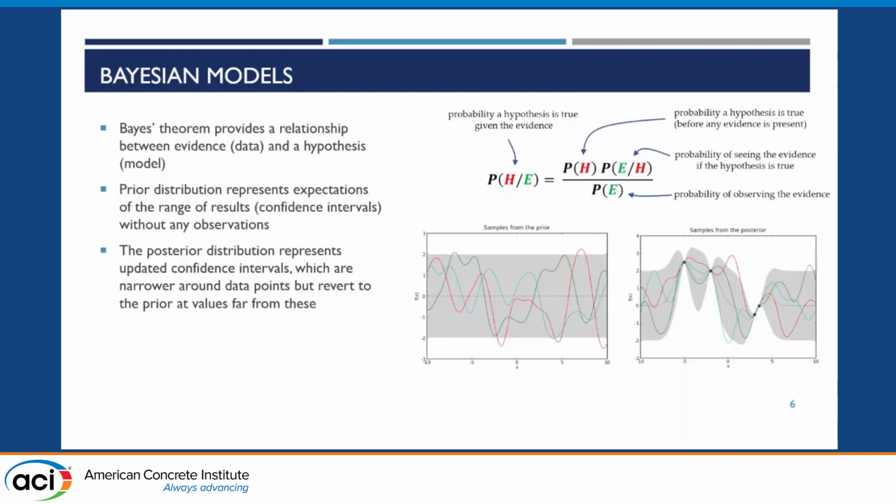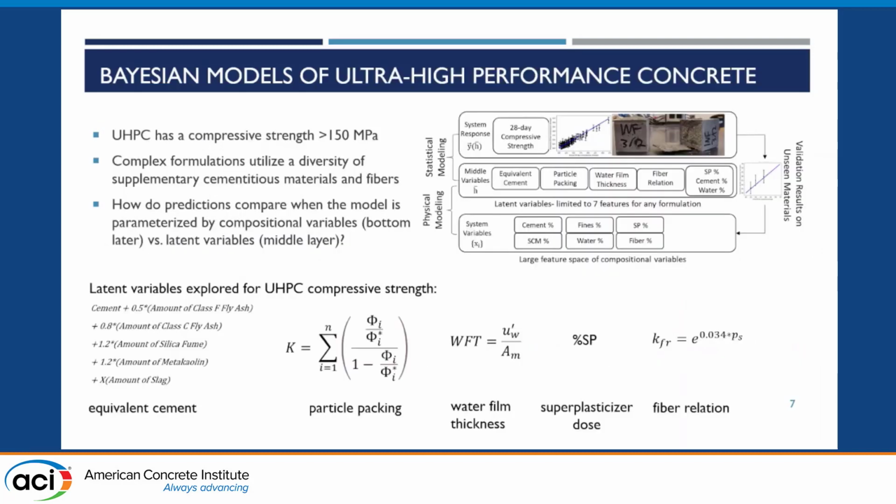So you generate multiple functions, and in the posterior distribution you update your estimates based on given data, and you can create the confidence intervals as well, which you can see in these figures on the right.